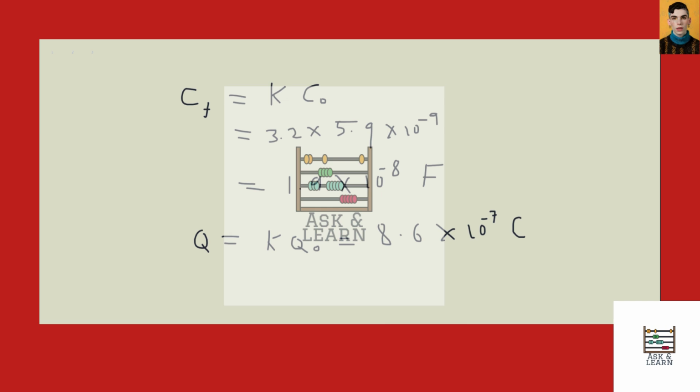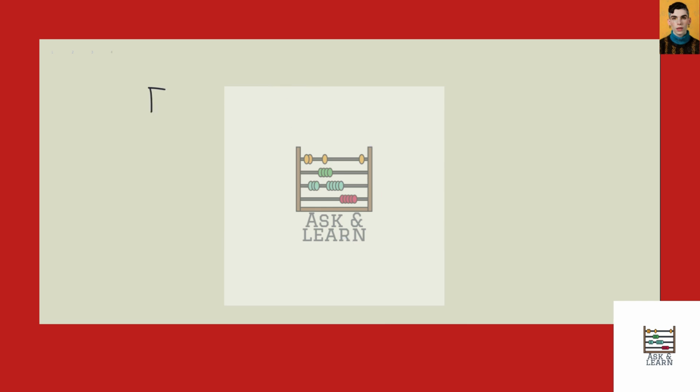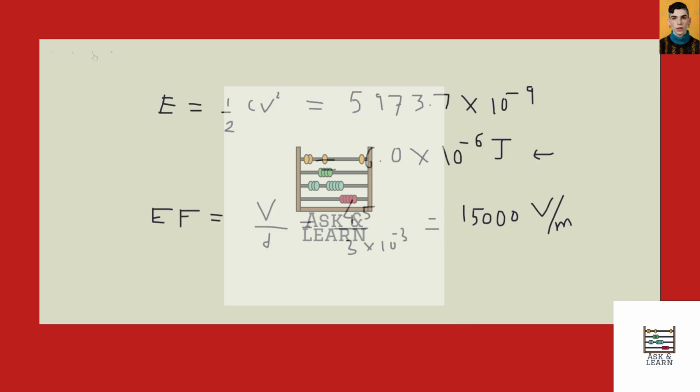Now we are supposed to find energy stored. Since energy stored is half CV square, your energy will also be multiplied by factor of kappa. So your energy now will just be 3.2 times this 6.0.